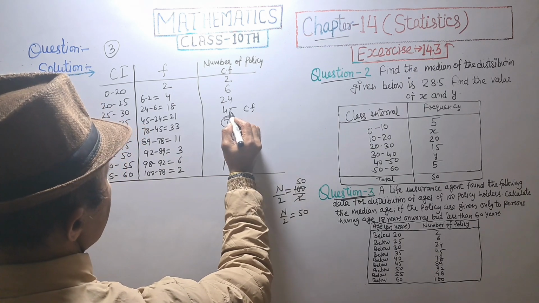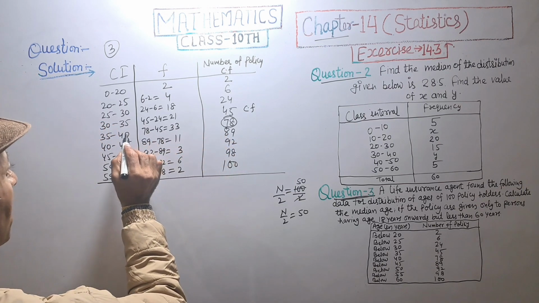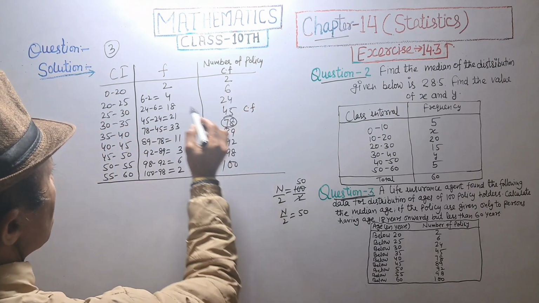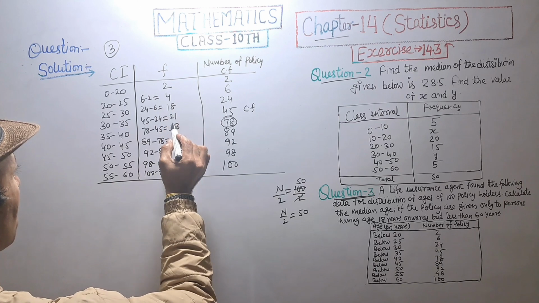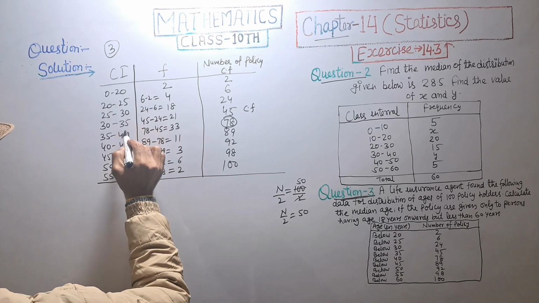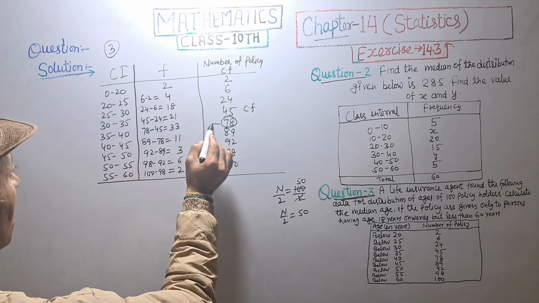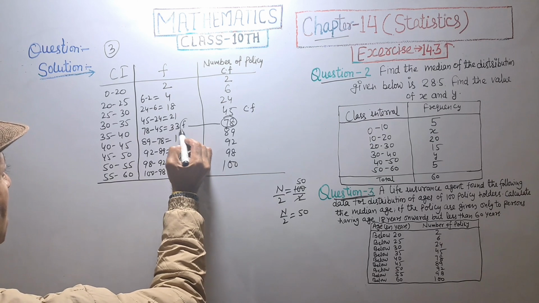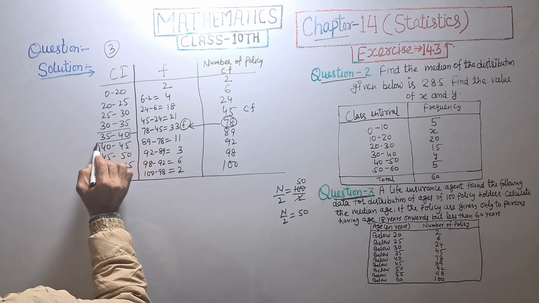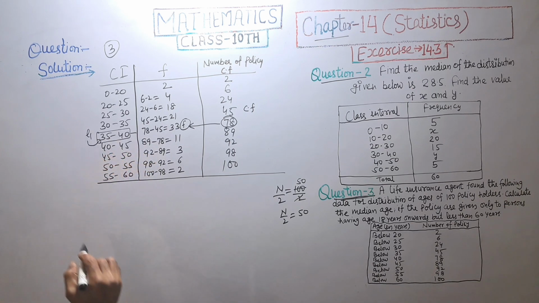This is CF, and this is frequency, and L1. L1 is equal to 35.